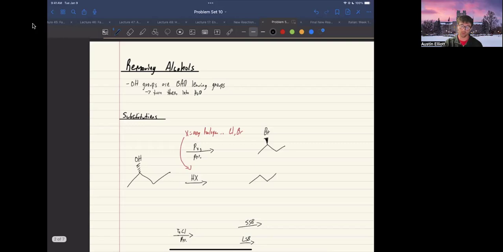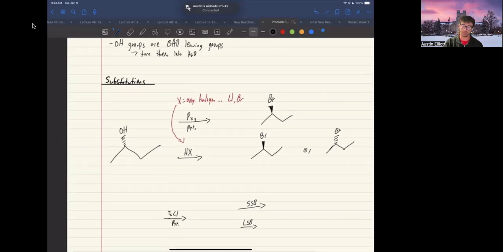It can be either or. So we can have this, or it can look like this. You can get that racemic mixture we mentioned before for some of the other reactions. And to emphasize, there's no selectivity because of carbocations.